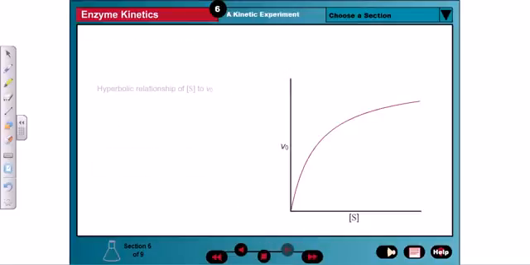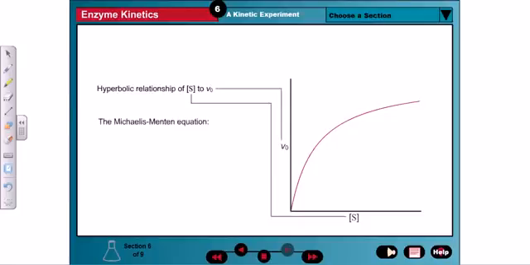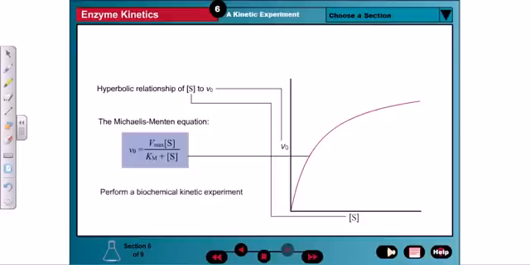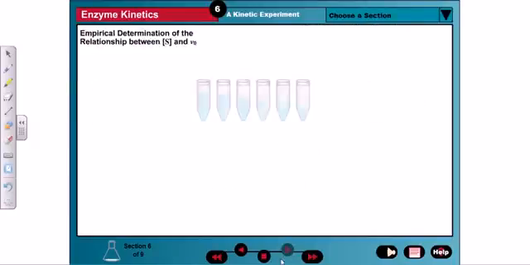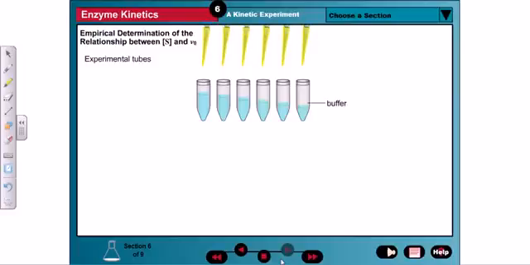To help you understand the hyperbolic relationship between the substrate concentration and the rate of an enzyme-catalyzed reaction, which is described by the Michaelis-Menten equation, we will now demonstrate a kinetic experiment. To experimentally determine the relationship between substrate concentration and initial velocity, a biochemist sets up a series of test tubes for the reaction.